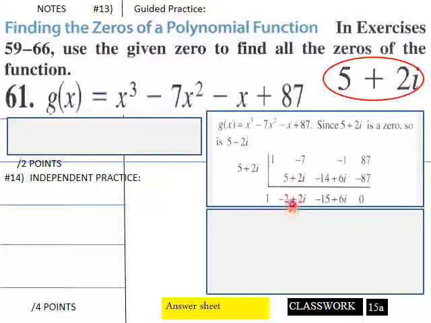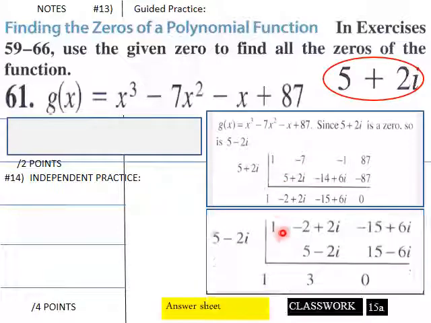Then we get negative 2 plus 2i, multiply that through, and we end up with negative 14 plus 6i, combine like terms. Then we get negative 15 plus 6i, multiply this by negative 15 plus 6i, and we get negative 87 for that. Combine like terms, and we get 0. So that's definitely a zero there.